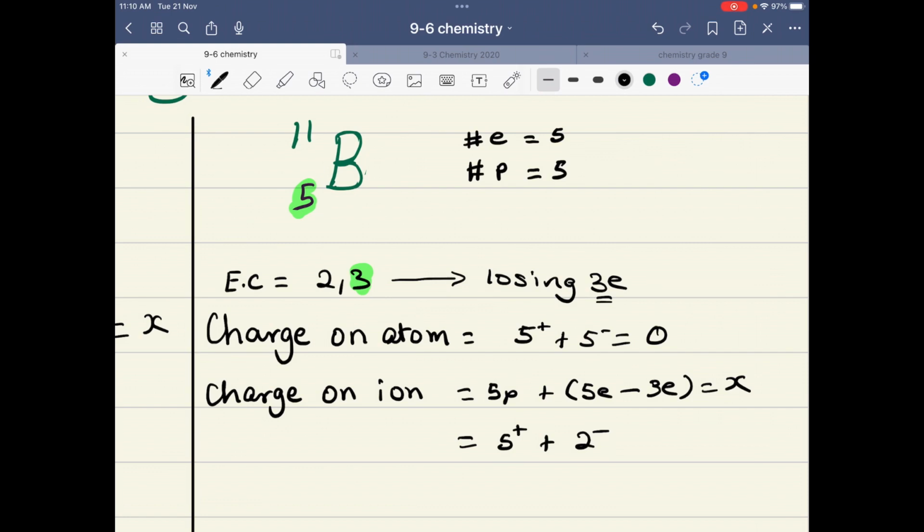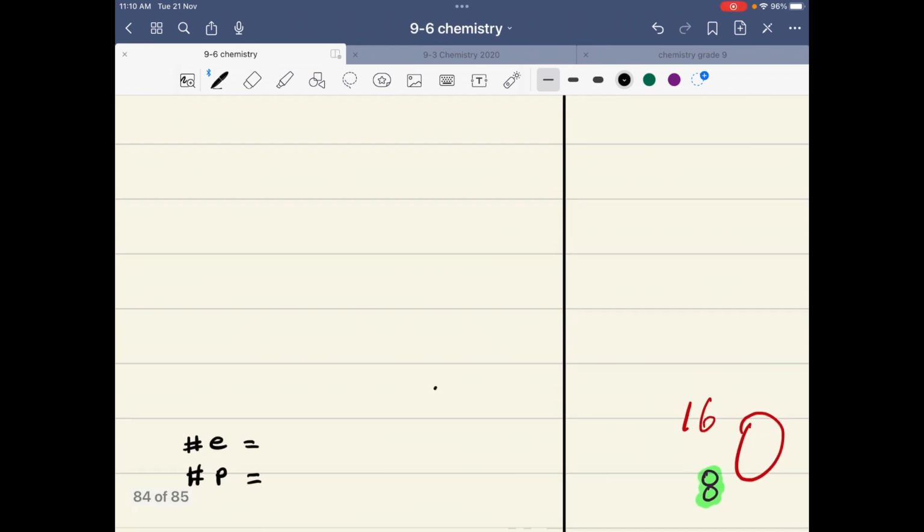Where did I get that 2 from? Remember that these 3 electrons are removed from the 5 original electrons the atom had, so you end up with a total of 2 electrons, which is 2 negative. So this will be an overall charge of 3 positive. The charge on boron will be B3 plus. Okay, there you go.